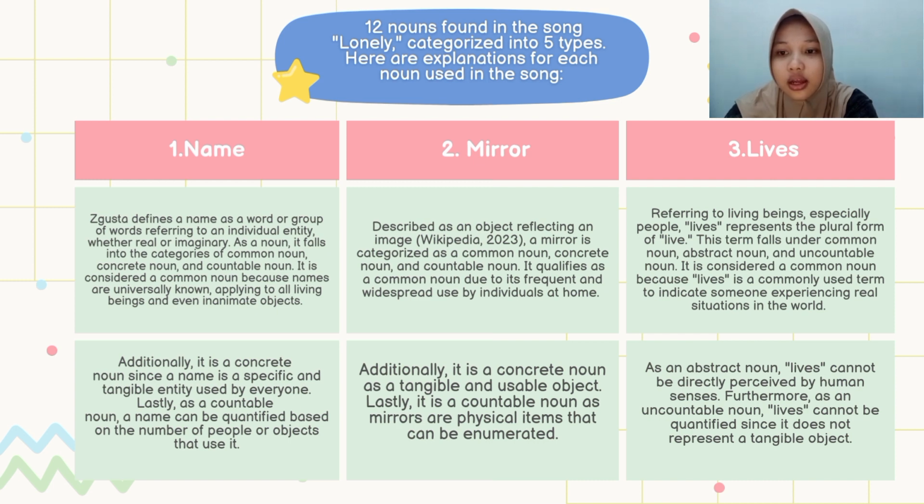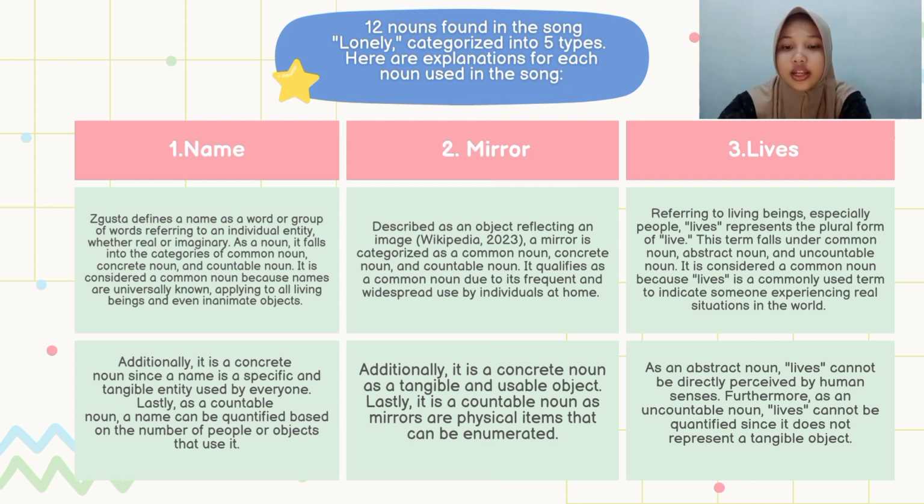Additionally, it is a concrete noun since a name is a specific and tangible entity used by everyone. Lastly, as a countable noun, a name can be quantified based on the number of people or objects that use it.